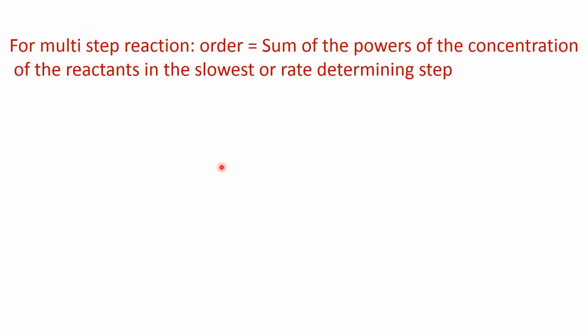Now for a multi-step reaction, what is the order? That is the sum of the powers of the concentration of the reactants in the slowest or rate determining step. Now, if any reaction is a multi-step reaction, overall rate depends on the slowest step.